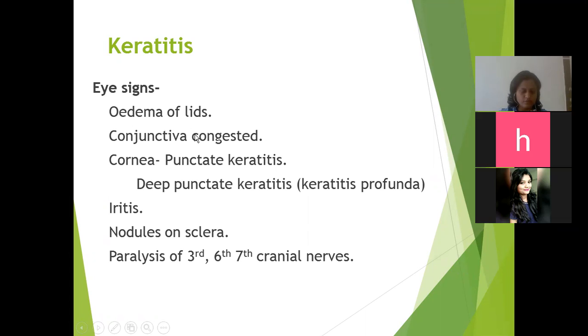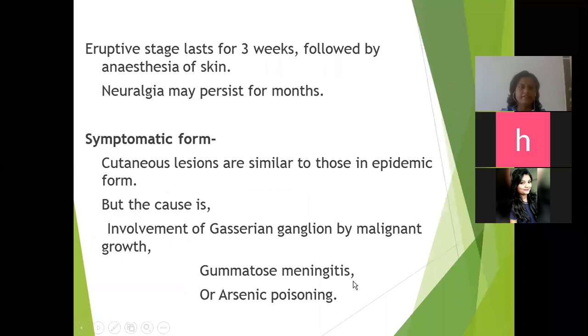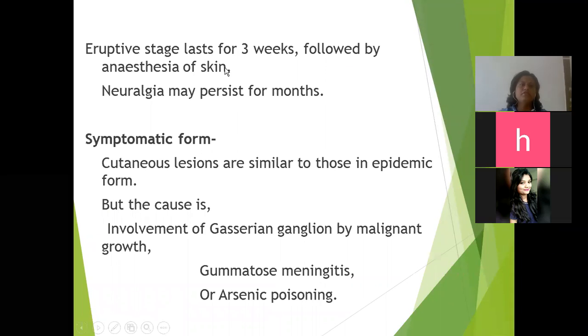So in herpes zoster, there is edema of the lid, conjunctiva congested, cornea punctate keratitis, deep punctate keratitis, that is keratitis profunda, iritis, nodules on the sclera, and paralysis of the third, sixth, seventh cranial nerve can be seen. The eruptive stage lasts for 3 weeks followed by anesthesia of the skin.